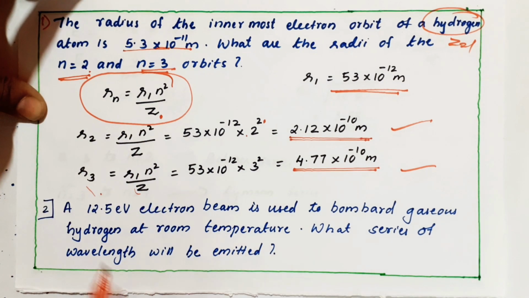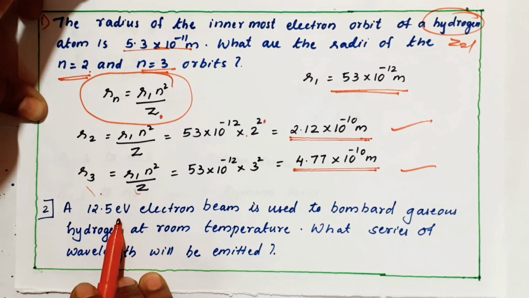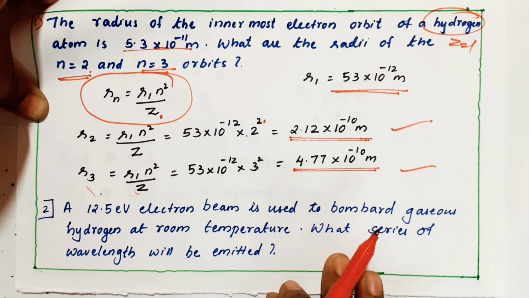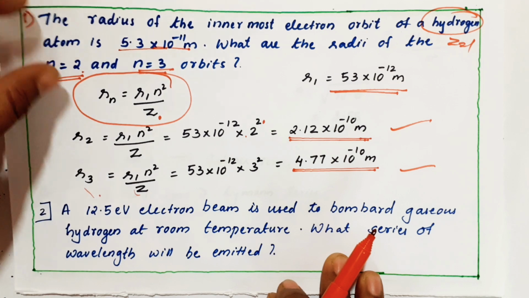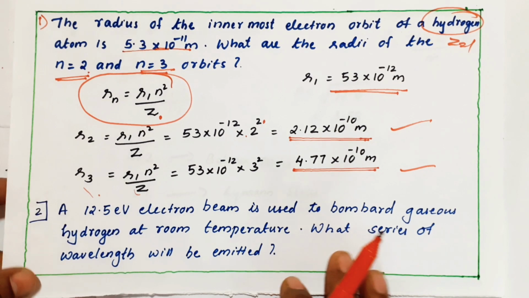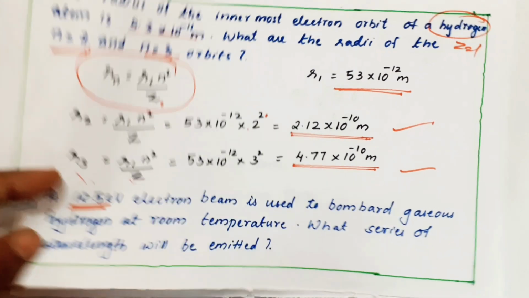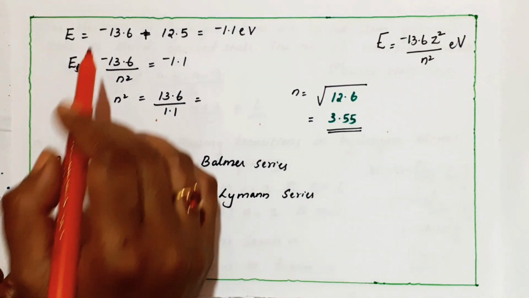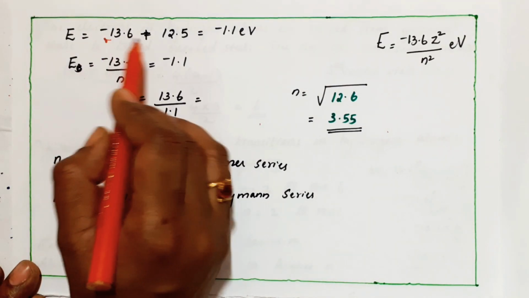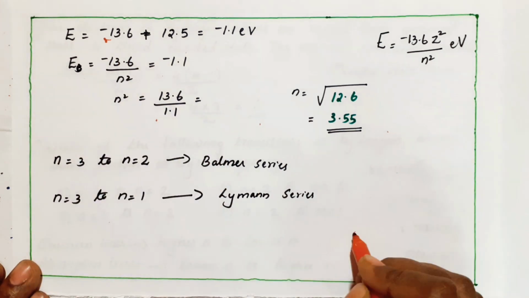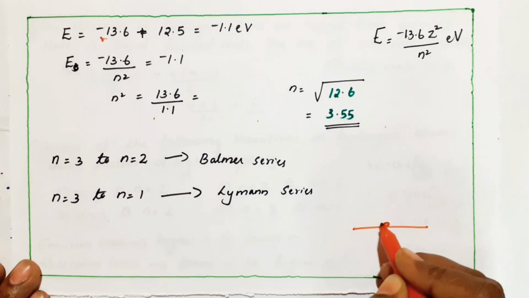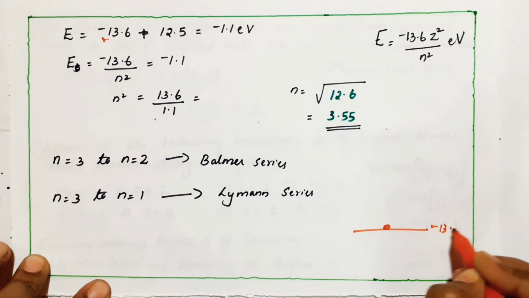Next. A 12.5 eV electron beam is used to bombard hydrogen gas at room temperature. What series of wavelength will be emitted? It's a very important question. We are giving an energy of 12.5. Already I told you for the ground state the energy is minus 13.6. So the electron is in the ground state, with an energy of minus 13.6.